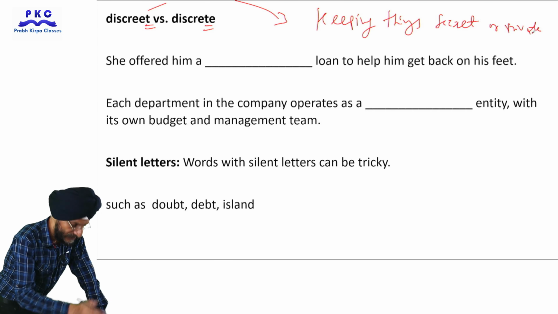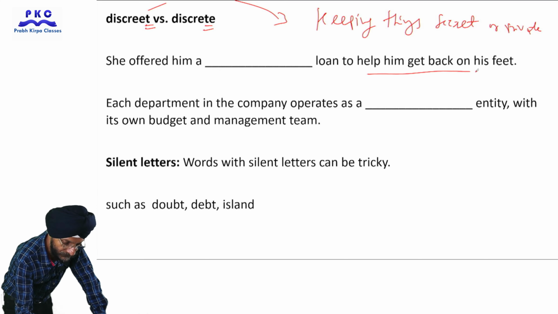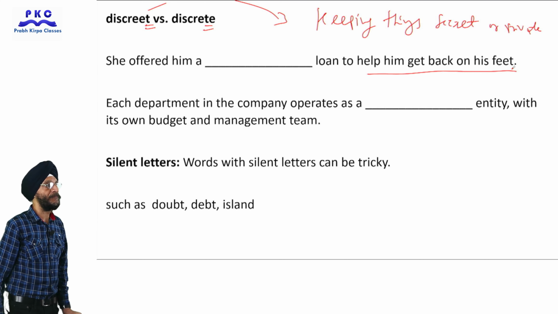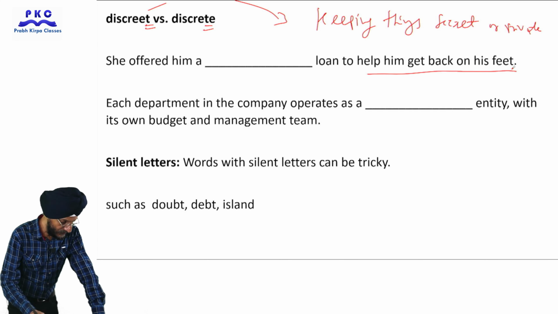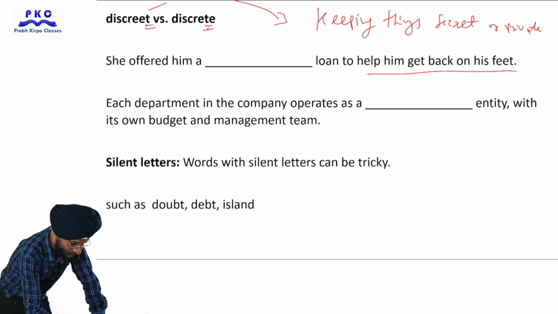Now let us read. She offered him a dash loan to help him get back to his feet. What is the meaning of the other, discrete? Here T is in the middle.